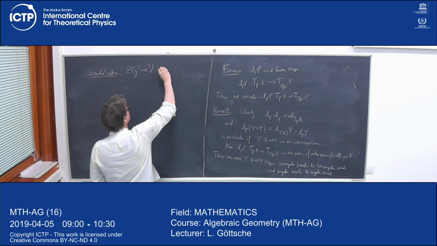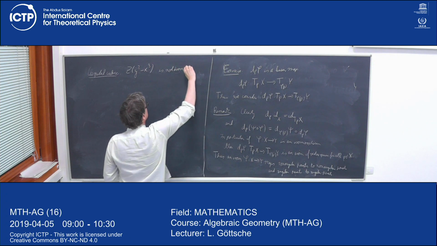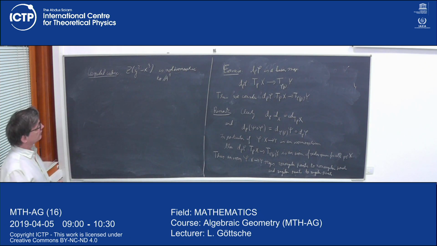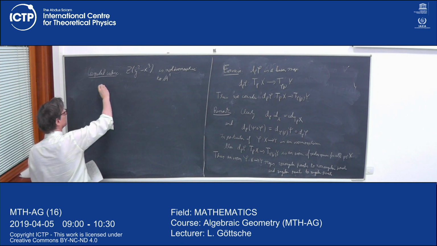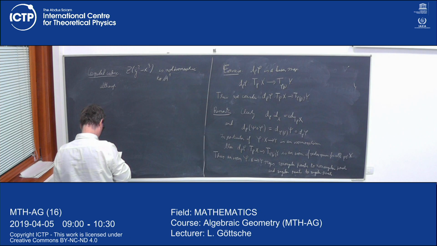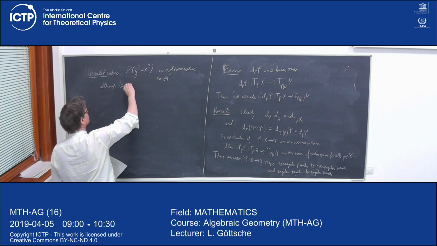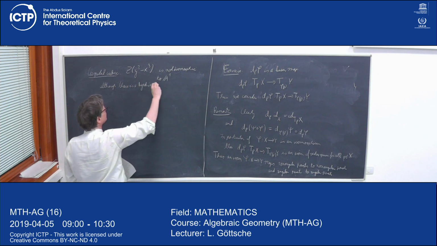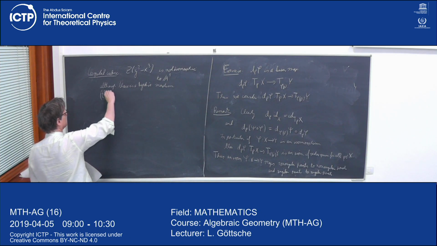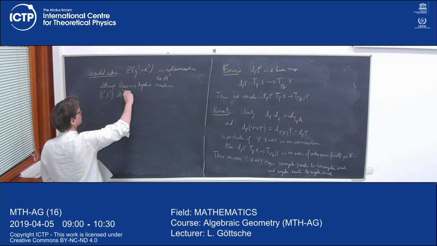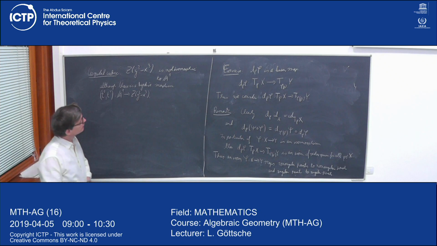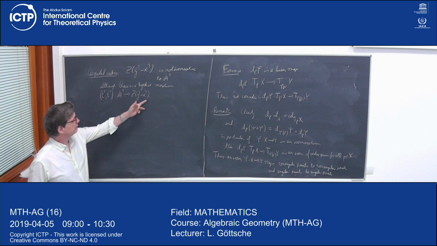This is not isomorphic to A1, although we know there is a bijective morphism, t goes to (t squared, t cubed), from A1 to this curve. But because the point (0,0) is a singular point, there can be no isomorphism.